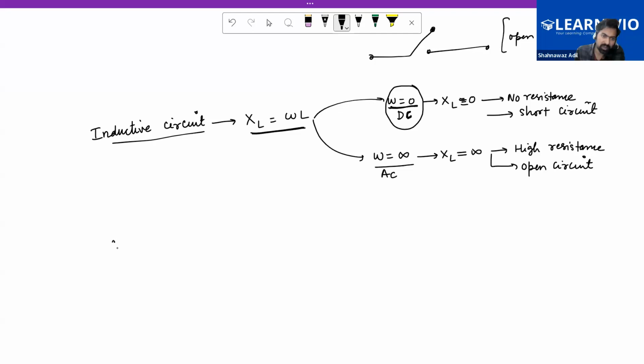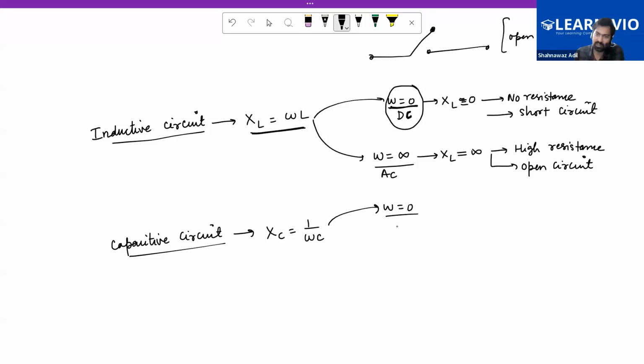And if you have capacitive circuit, so for capacitive circuit, we have Xc, which is 1 over omega c. So what is this thing? So if you have omega, which is 0, which means that you have DC supply.